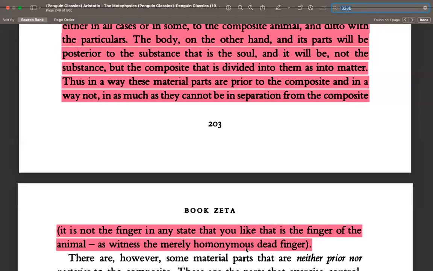When a finger is dead and no longer able to move as a living finger, it has ceased literally to be a finger, because it cannot do what fingers are supposed and defined as being able to do.